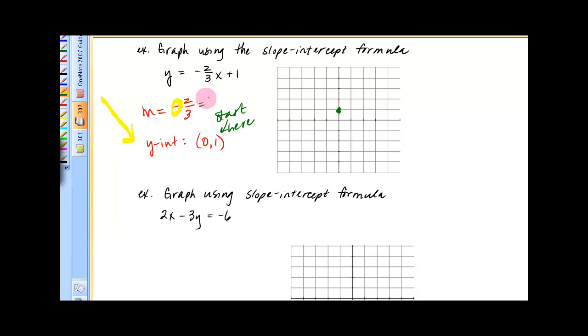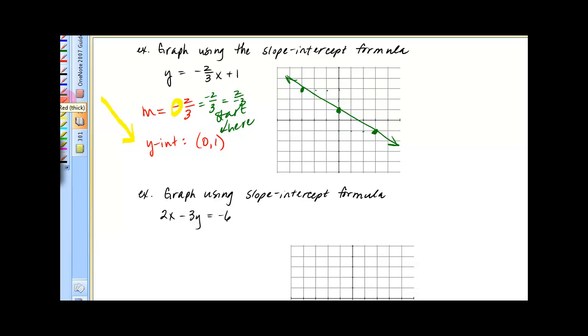Remember that this could be negative 2 over 3 or 2 over negative 3. So let's just do it. Let's go 1, 2 in the positive, 1, 2, 3 in the negative. I could go down 2 in the negative, 1, 2, 3 in the positive, and you can see that once again that is a straight line. Those will all lie on the same line.